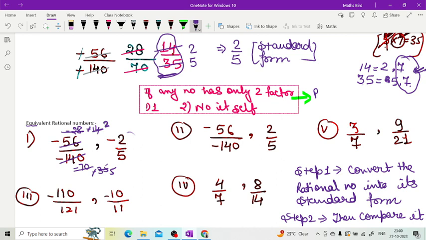Okay. What is a composite number? If any number has more than two factors, then it is a composite number.